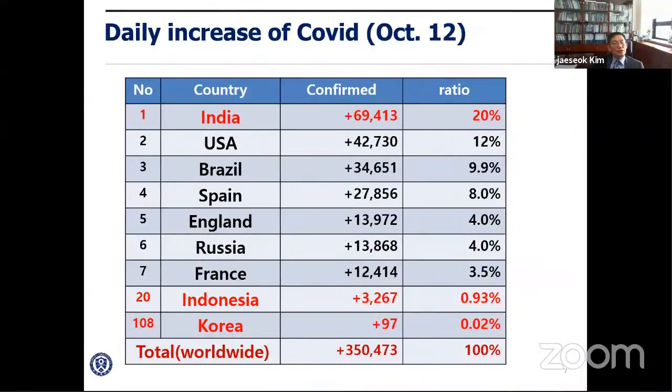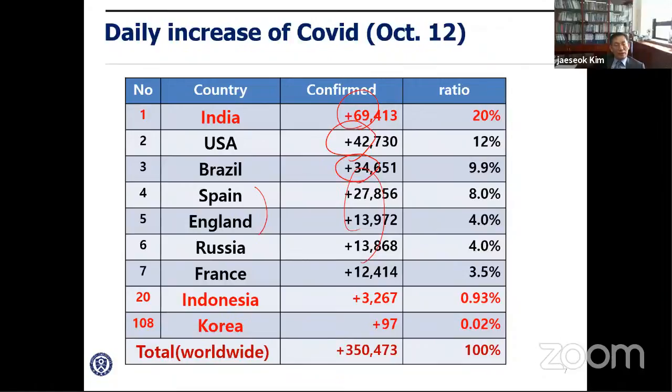This slide shows the daily increase of COVID on October 12th. India shows an increase of 69,000 confirmed cases on a single day. It accounts for about a 20% ratio of the total number. USA is about 42,000, Brazil 34,000, Spain, England, France more than 10,000.